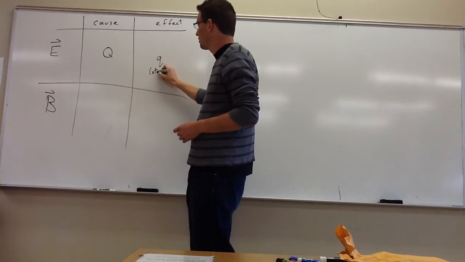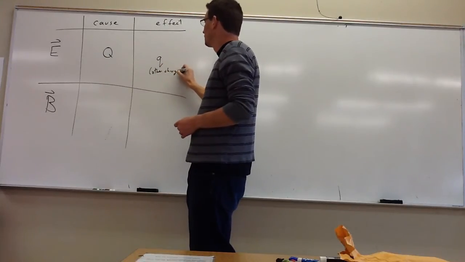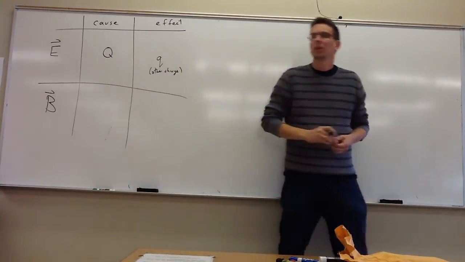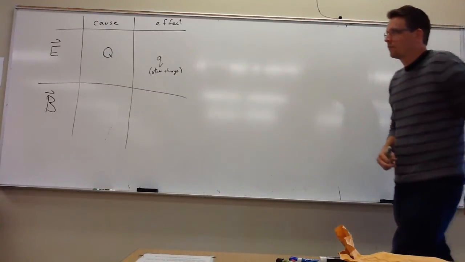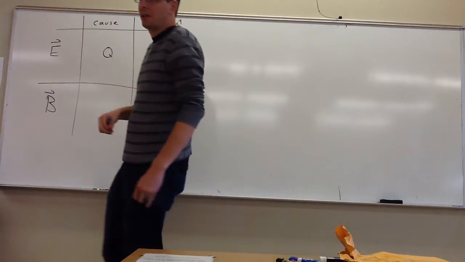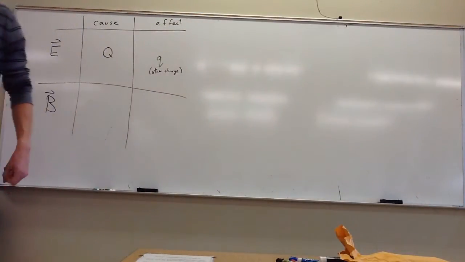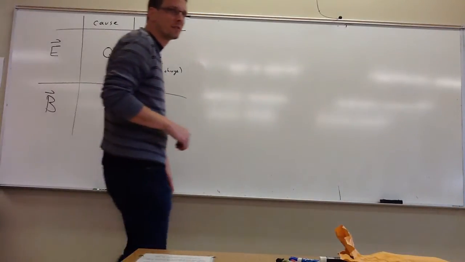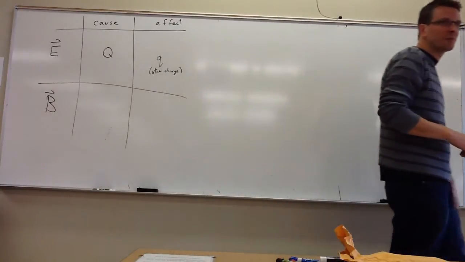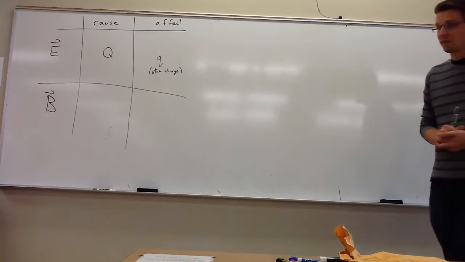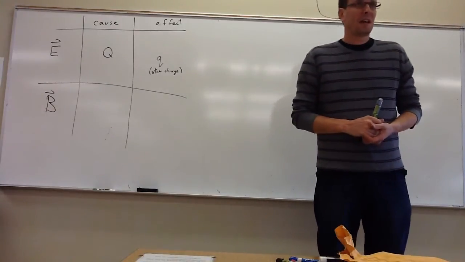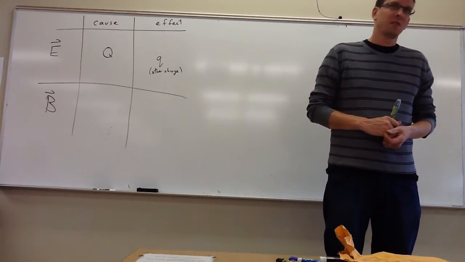That's other charges, right? In fact, the electric field was just the middleman for charged particles interacting. So instead of letting them talk directly, which was Coulomb's law, instead what we had was one makes E, the other one feels E, right?